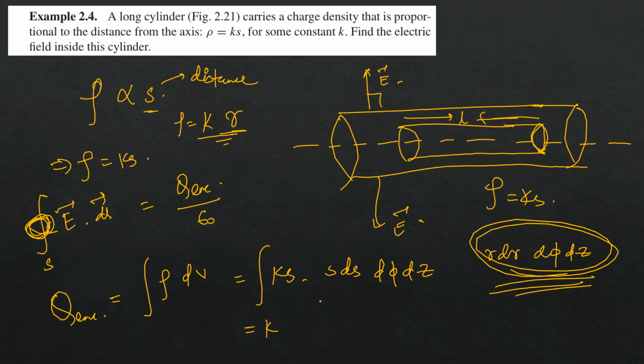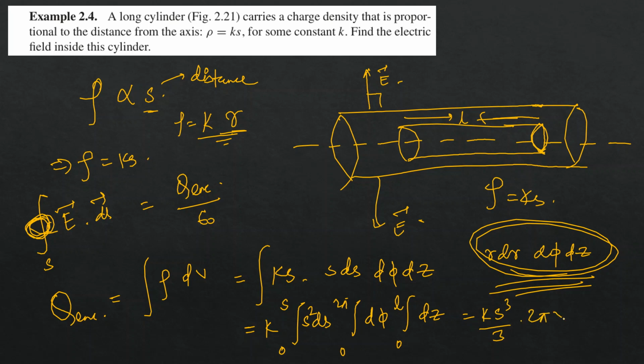So this will be s square ds, with s going from 0 to s, d phi from 0 to 2 pi, and dz from 0 to l. So this one will be k s cubed by 3 into 2 pi into l.